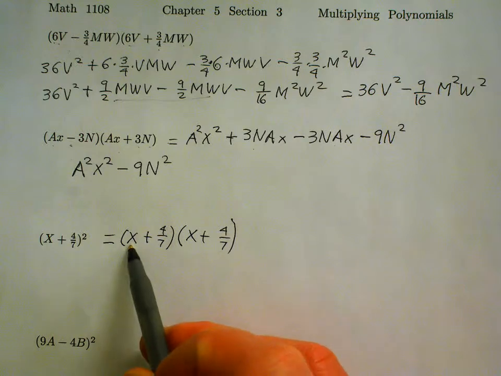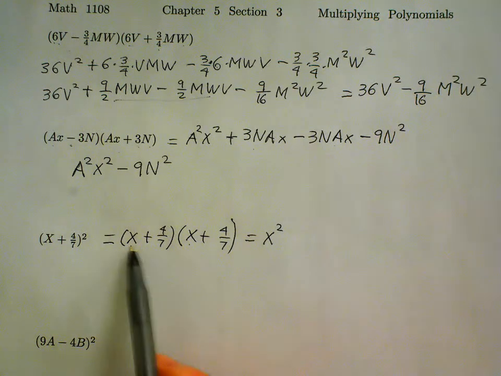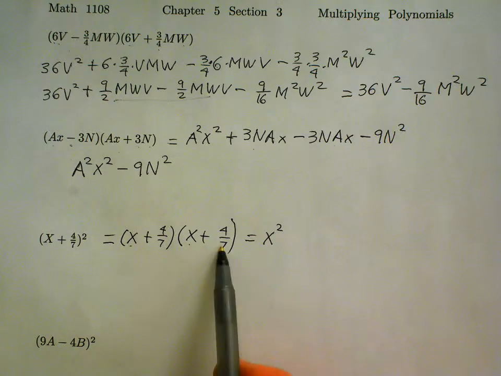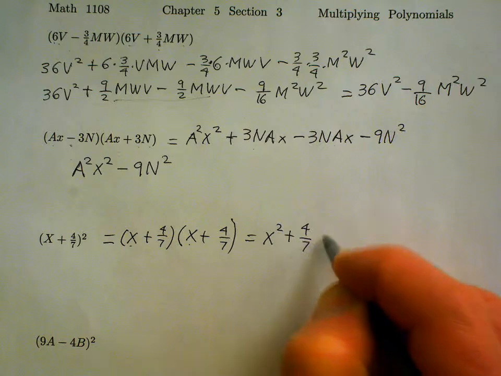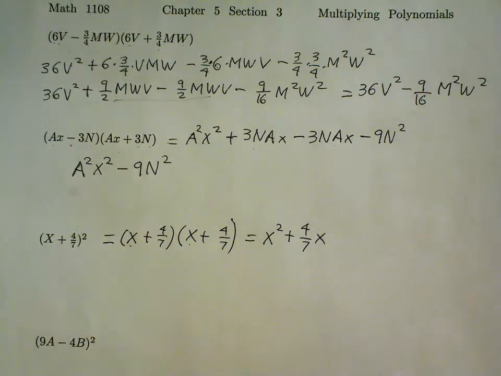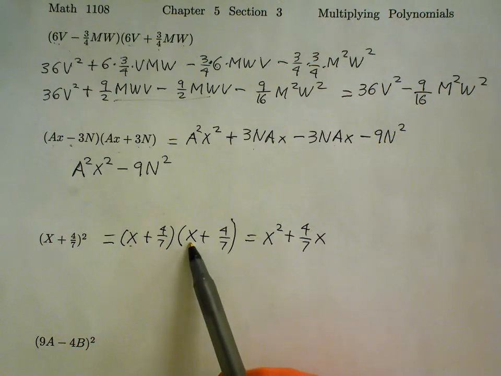First, x times x is x to the second. And then multiply x times 4/7, so we write plus 4/7 x. And then the next step, we multiply 4/7 times the binomial x plus 4/7.